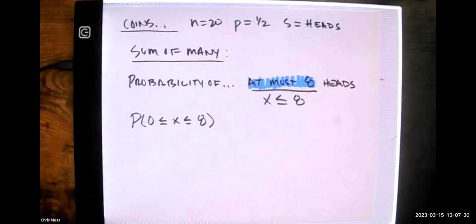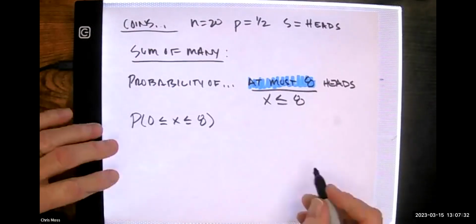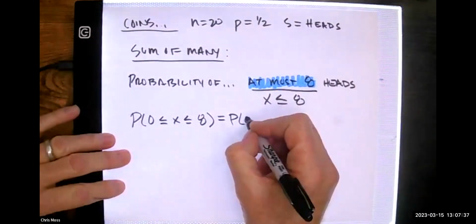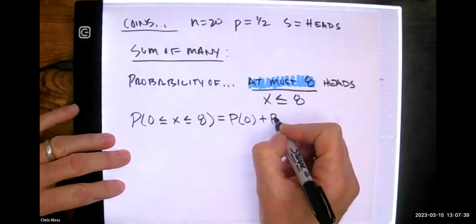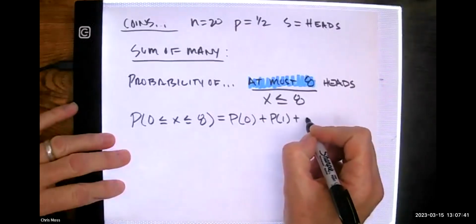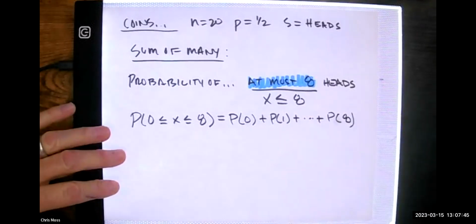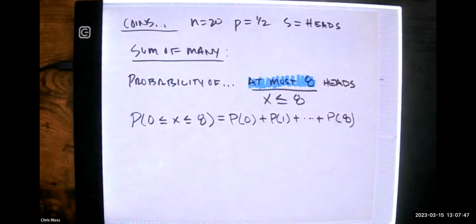Now, these outcomes are mutually exclusive. You will either have 0 or 1 or 2 or all the way up to 8. So I can add those probabilities together. This is really like a crazy addition rule from who knows where. So this is a sum of many.